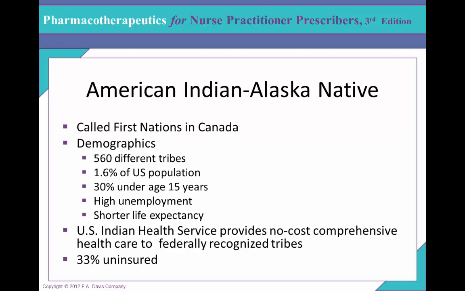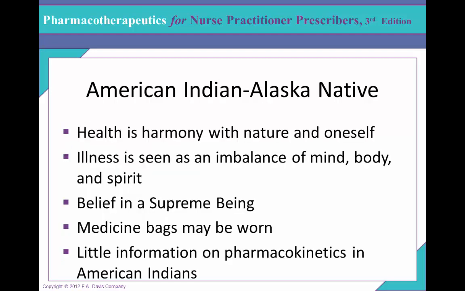Indian and Alaskan Native, for example, they have a very short life expectancy, very high incidence for cancer. Health for them is harmony between nature and oneself. The family is very extensive and very close.